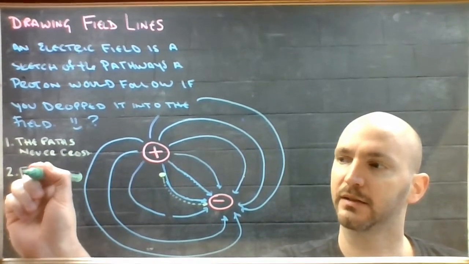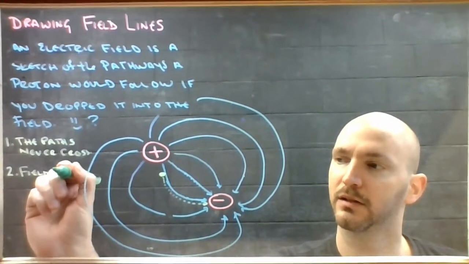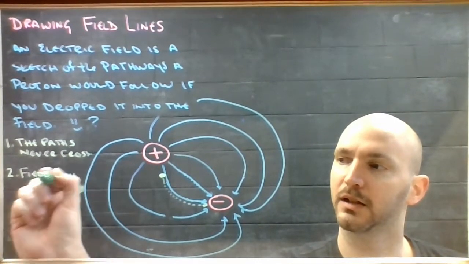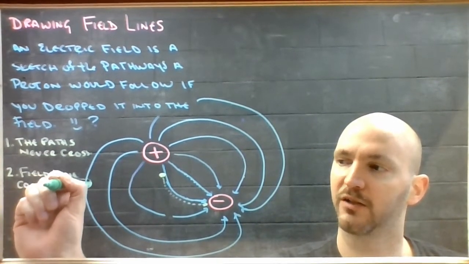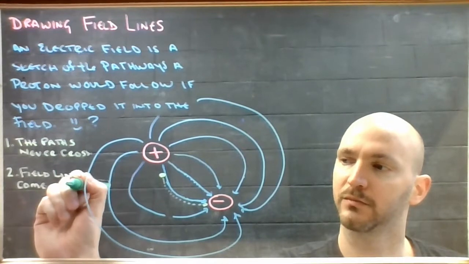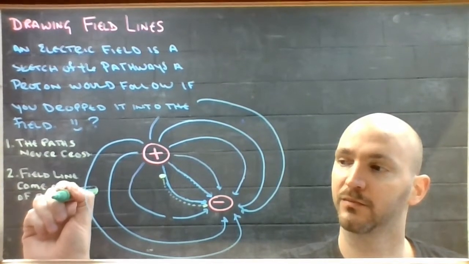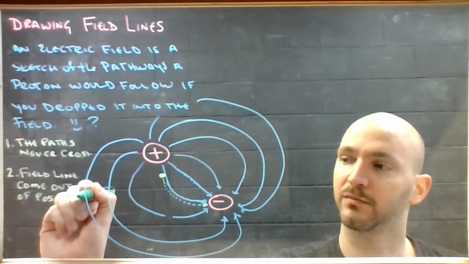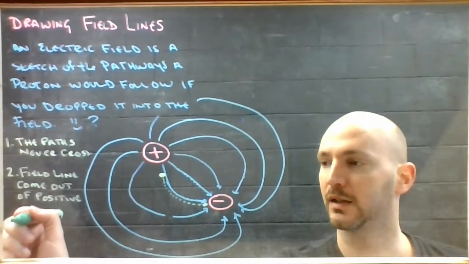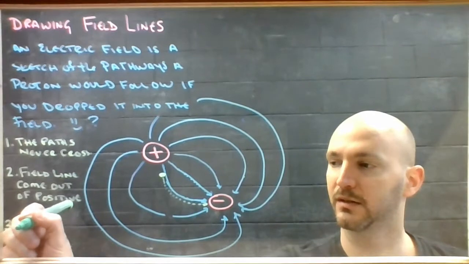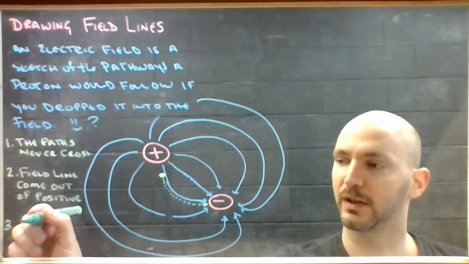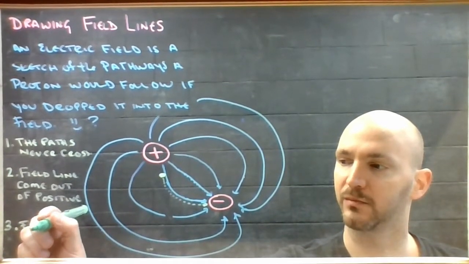Field lines come out of protons, or out of positive charges. And number three, they go into negatives.